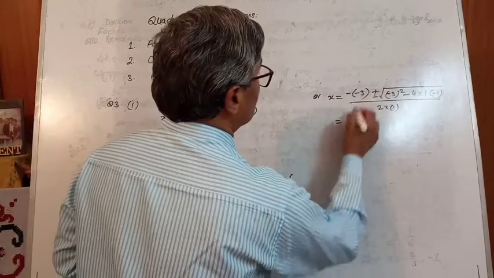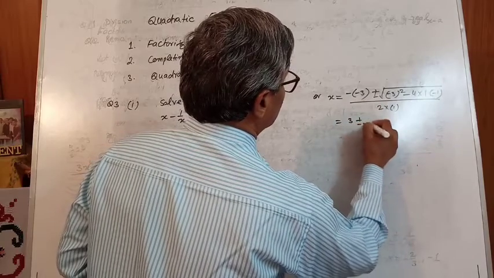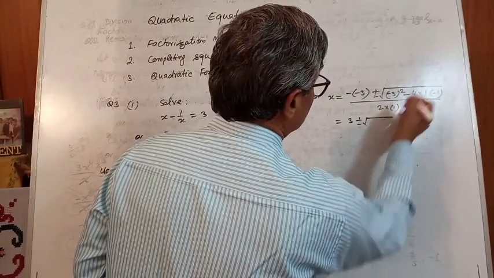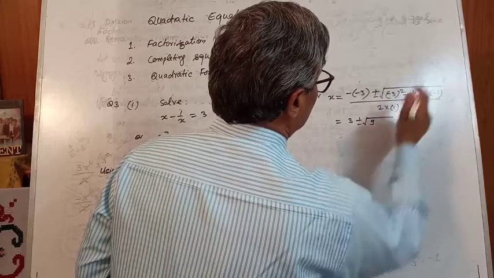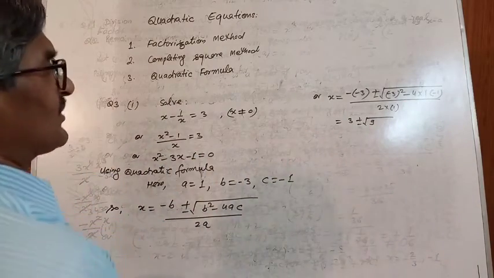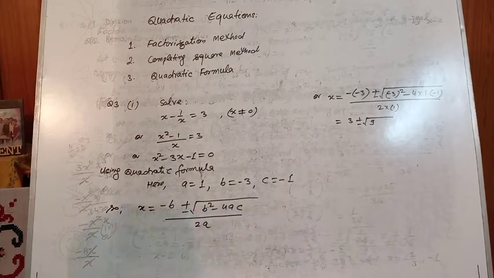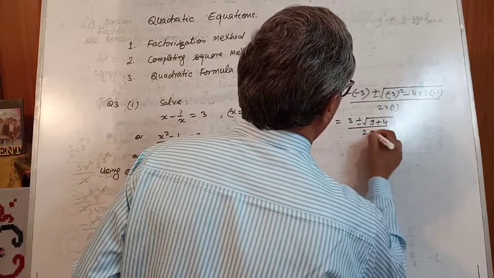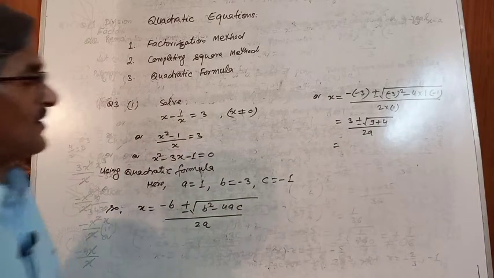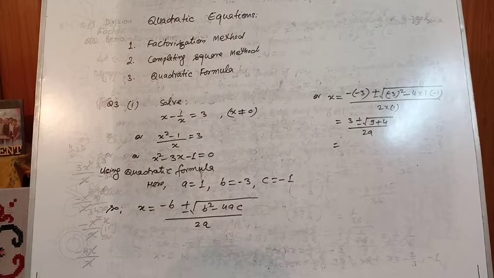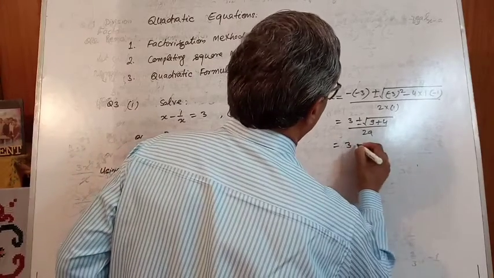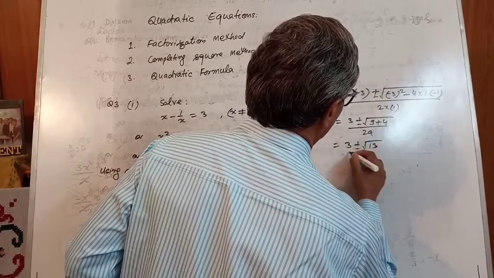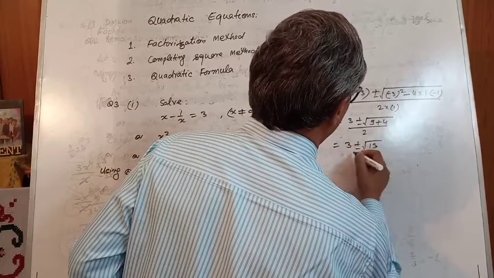What are we going to get? 3 plus minus under root 3 square, minus 3 square means 9, and minus times minus 4ac gives plus 4, upon 2a. So we get 9 plus 4, 13. 3 plus minus under root 13 by 2 into 1, 2.